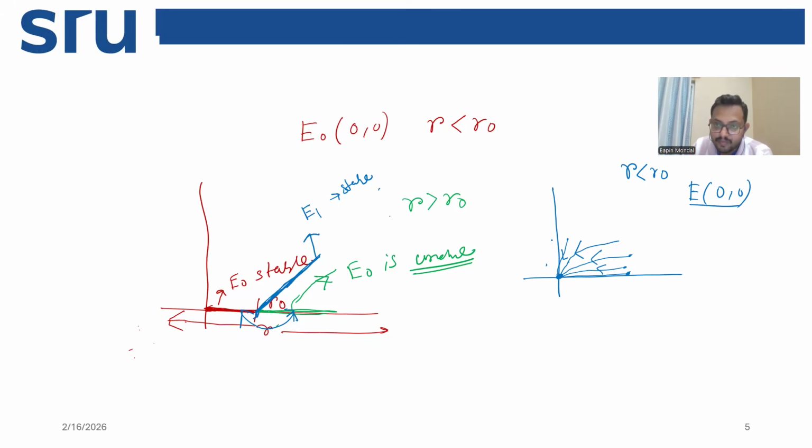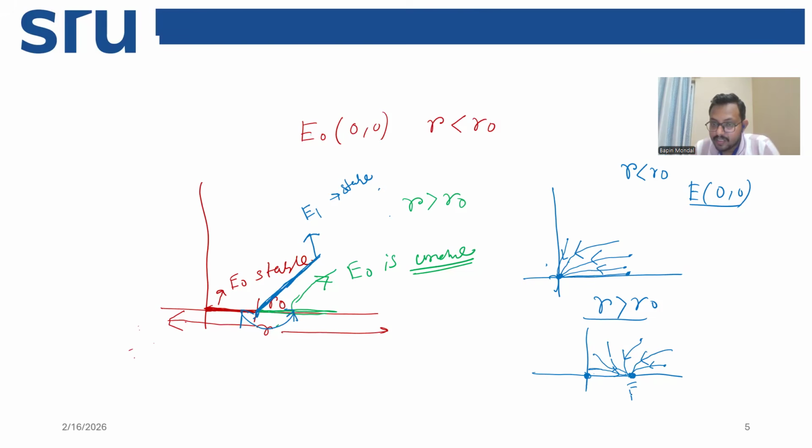Now we plot the phase portrait when R is greater than R0. In this situation the system has two equilibrium points, this one and this another one. If we choose an initial value here, the trajectory comes to here, and likewise for other initial values. So all solution trajectories go to the basin of E1.